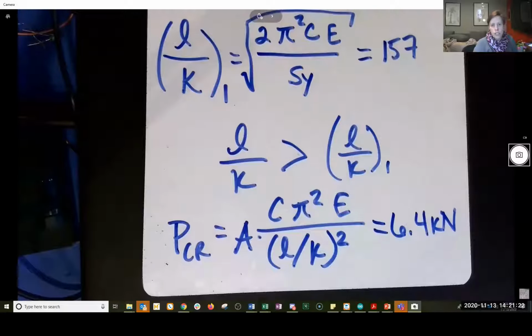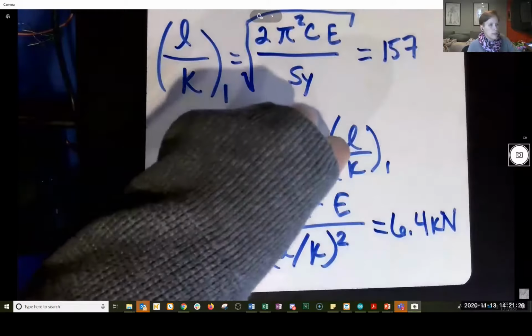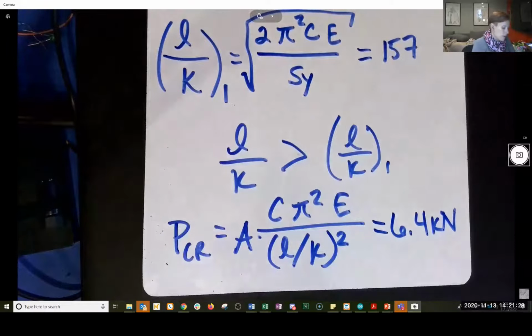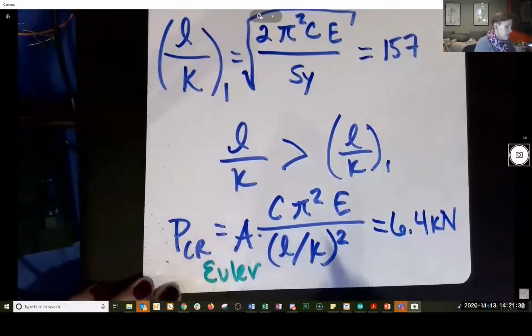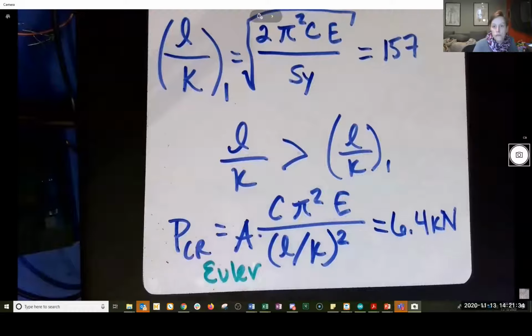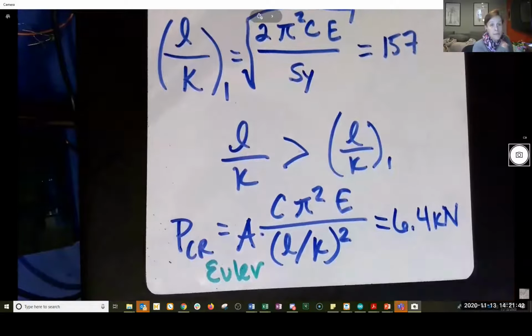The piece that would change if it was less than the critical is we would use, instead of Euler, Johnson's. I appreciate the feedback in the chat, folks. Keep it up. And am I remembering that our actual load is somewhere around 1.4 kilonewtons? Yep, that's correct.